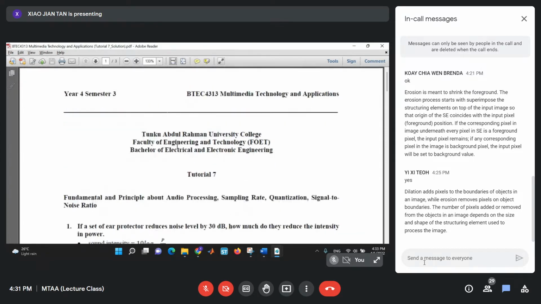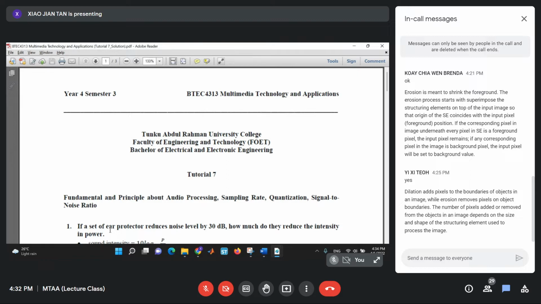Okay, so for tutorial 7, now we move to calculations, which is in audio. If a set of ear protectors reduces noise level by 30 dB, how much do they reduce the intensity in power? I believe in NTA we do not have a lot of calculations, but in audio processing we do.